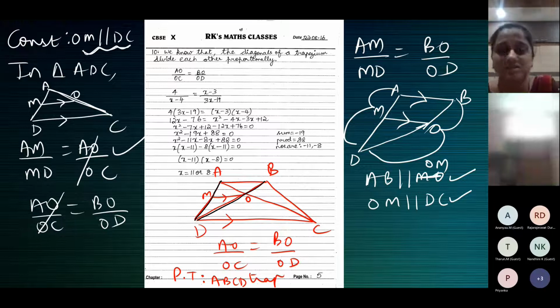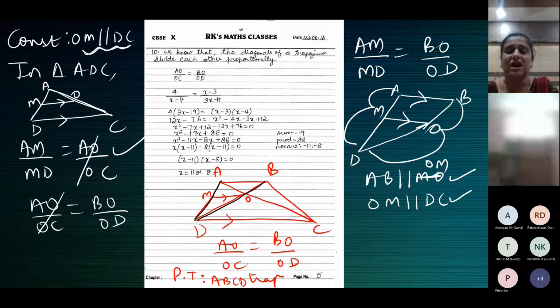Ninth standard: two lines parallel to the same line are parallel to one another.